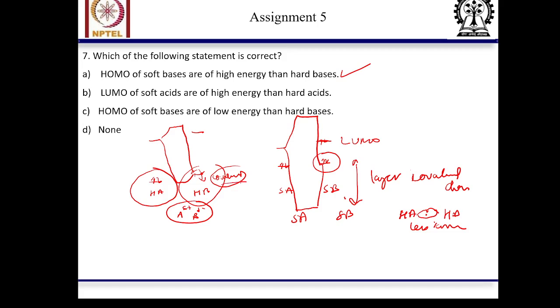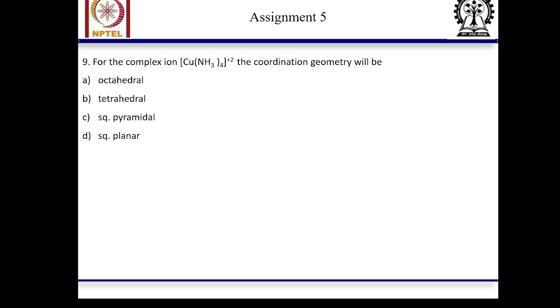Why is this happening? Because their HOMO are lower in energy than the soft bases, or you can say that the soft bases have higher energy than hard bases. That's why we are having more covalent character here and more ionic character here.